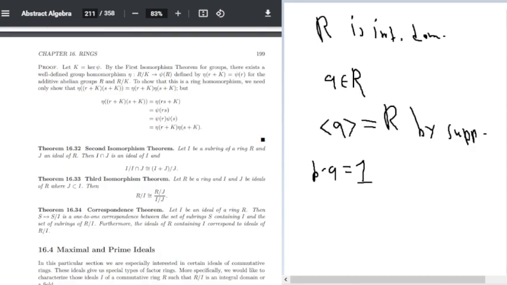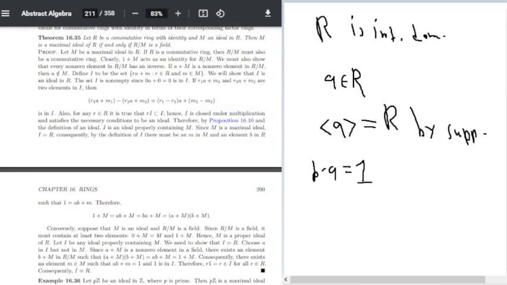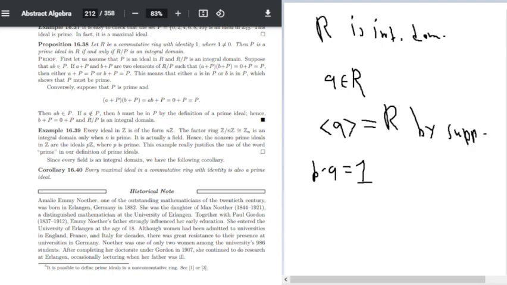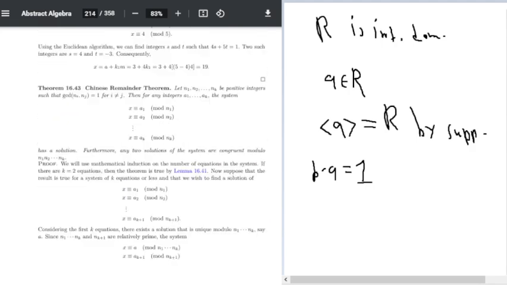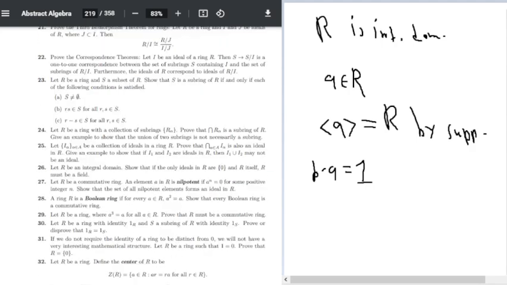I feel like this works for any commutative ring with identity, because the logic is really just simple. If there's an ideal other than those, then it contains a principal ideal. You just take any element, you take its principal ideal, and clearly that principal ideal will be a subset of that.